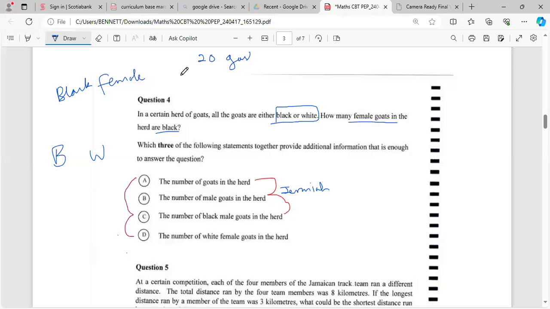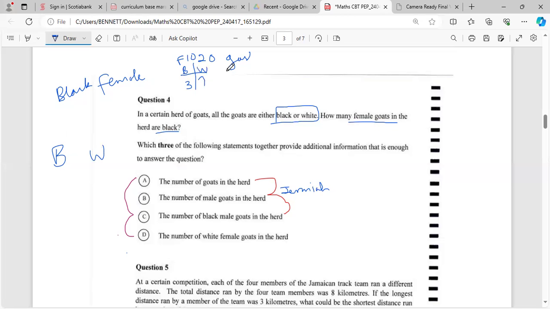Let's say we have a total of 10 females. We have 3 black females and 7 white females.